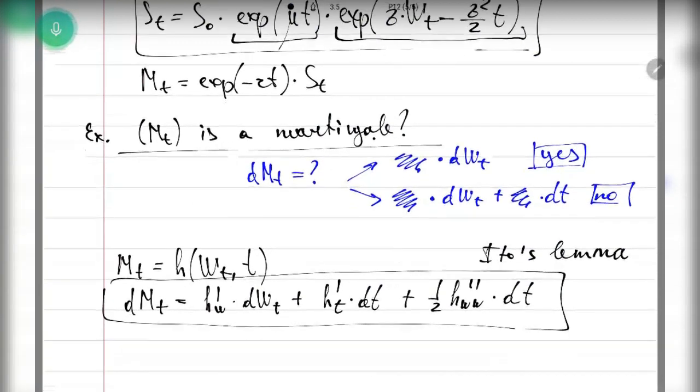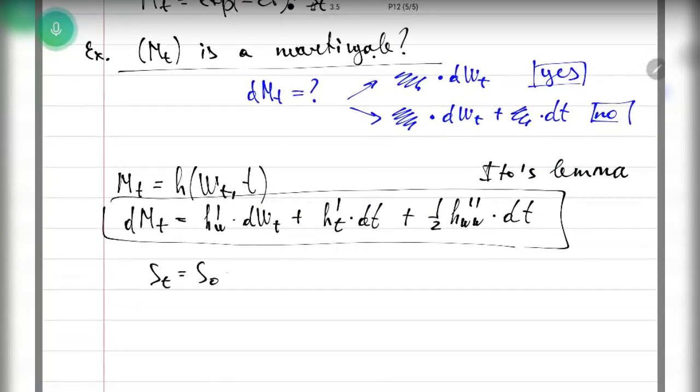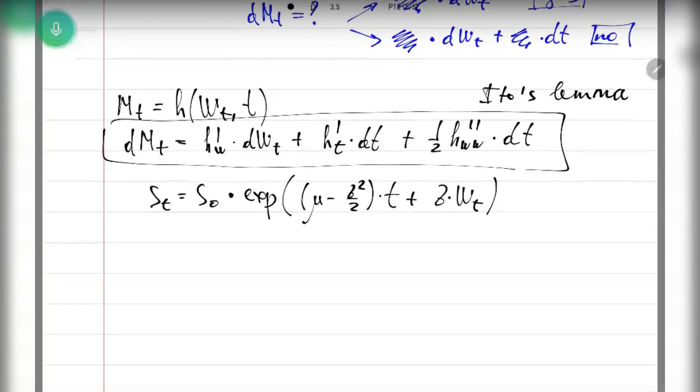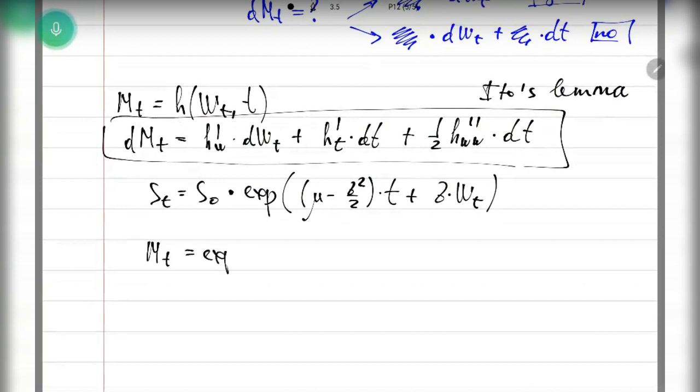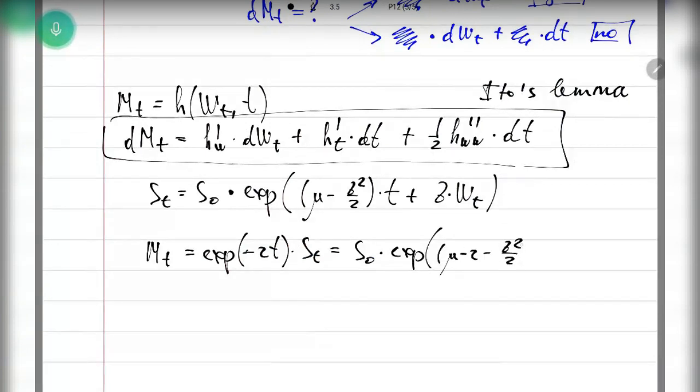Let's write S_t the following way: S_0 times the exponent of (mu minus sigma squared over 2) times t plus sigma W. So if I calculate M_t, the discounted share price process, I multiply by exponent of minus R t and get S_0 times exponent of (mu minus R minus sigma squared over 2) times t plus sigma W_t.